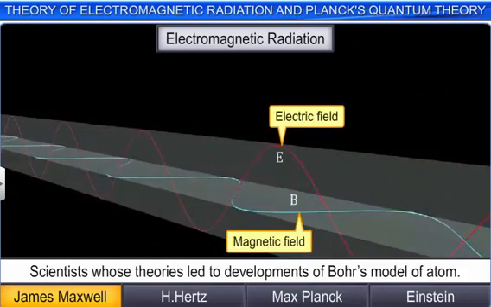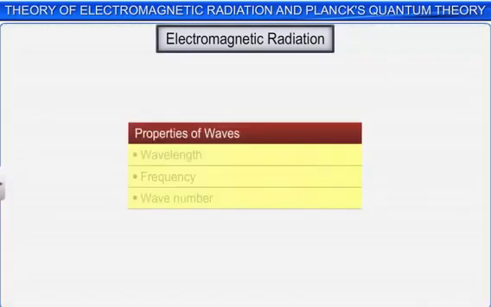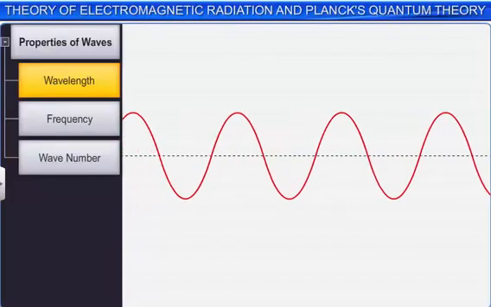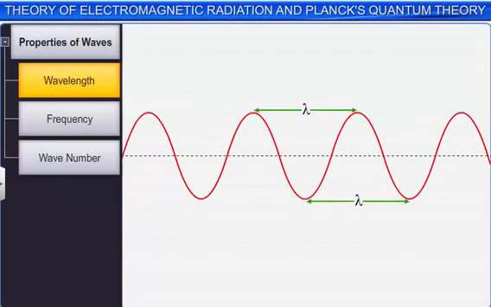To characterize a wave, we need to specify its properties, such as wavelength, frequency, and wave number. A wavelength is the distance between two successive crests or troughs of a wave.